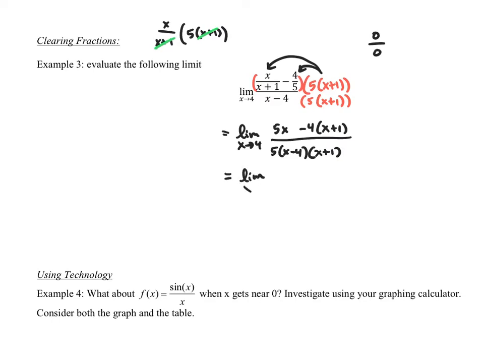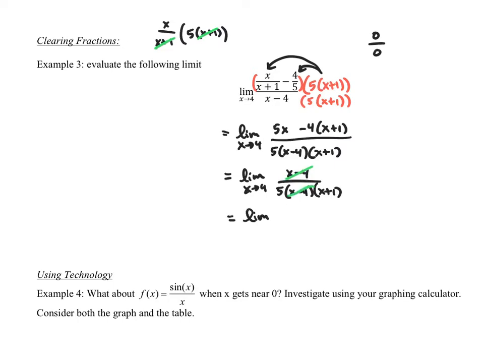Okay, so rewriting our limit notation, please do that on all occasions. The numerator, if I were to simplify, would end up turning into 5x minus 4x minus 4, which turns into x minus 4. Now what we want to do before reevaluating, because here I'd get 0 over 0 again, is reduce what I can, which in this case would be x minus 4, numerator and denominator.